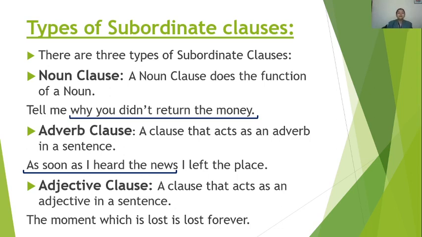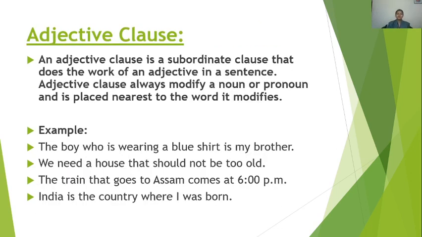Here, children, "the moment" is a noun, and it has been modified by "which is lost." This word group is modifying the single noun, the moment. That is why "which is lost" is my adjective clause. Now let's talk about the adjective clause in detail.